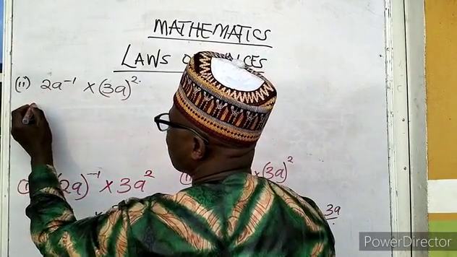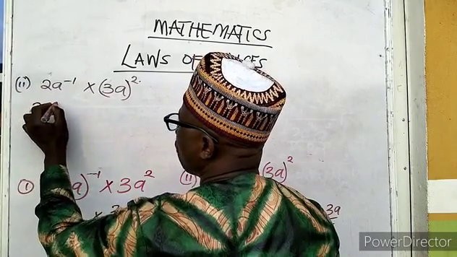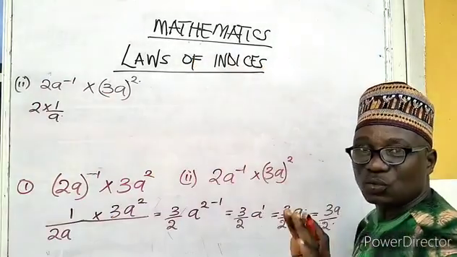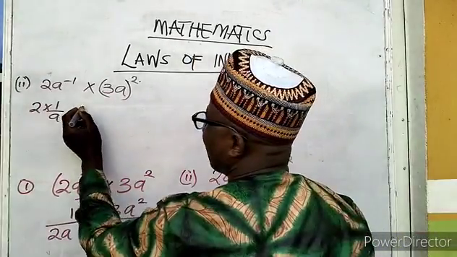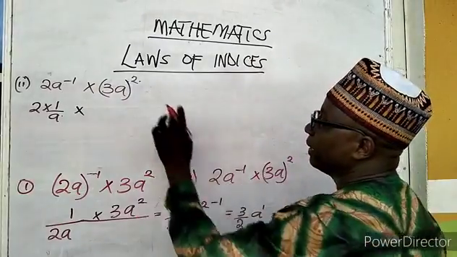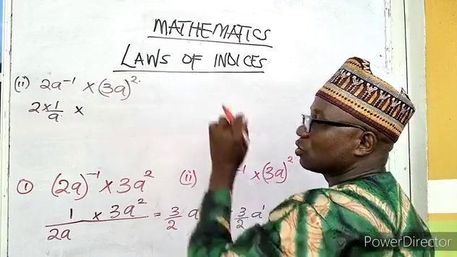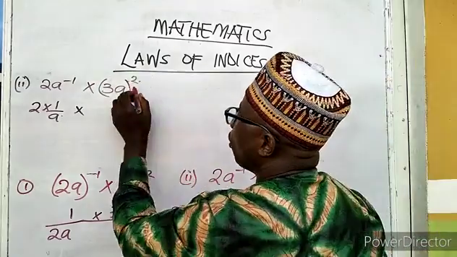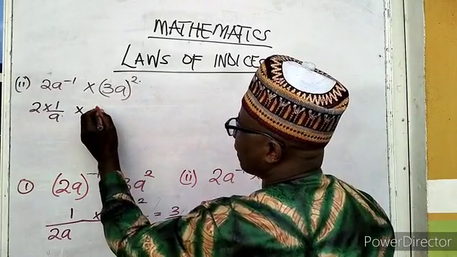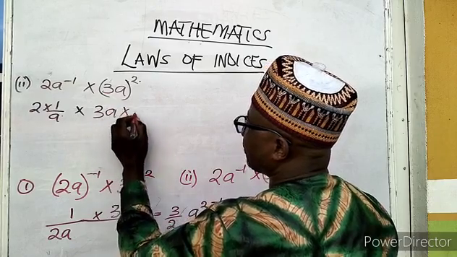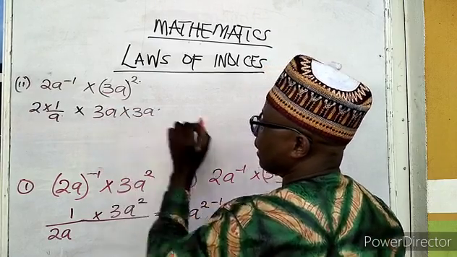This one is the same thing as 2 times 1 all over a, times everything here raised to the power of 2. So when we open the bracket, this one is the same thing as 3a times 3a.